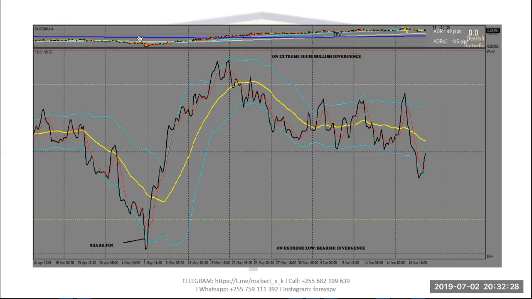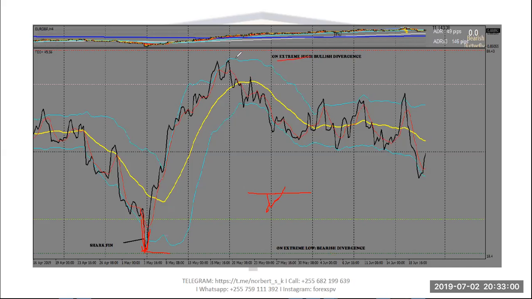So another thing is that when the RSI price line is outside the Bollinger Bands, I mean the volatility bands, and then it comes back in, we call it a shark fin, like a fin of a shark down here. So this one is a shark fin. And when a shark fin happens on the bearish divergence or the bullish divergence, it's a good shark fin.